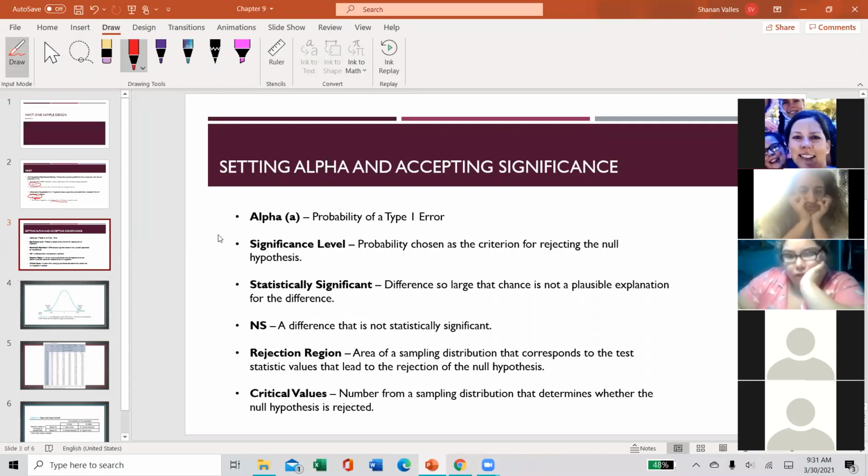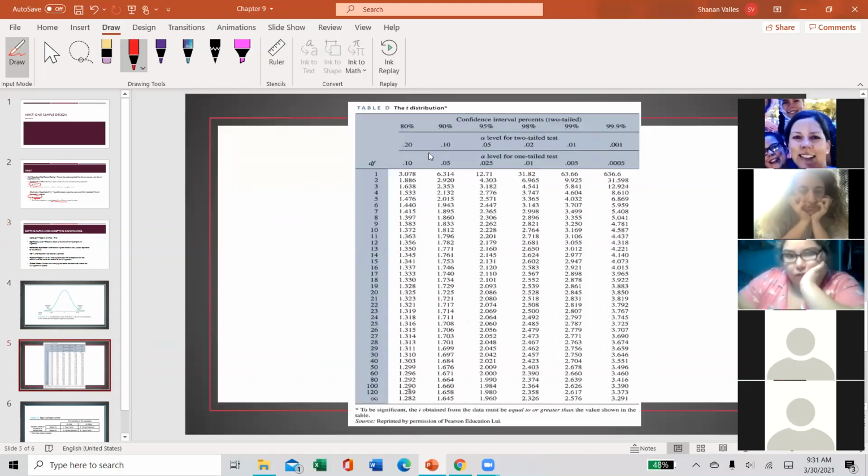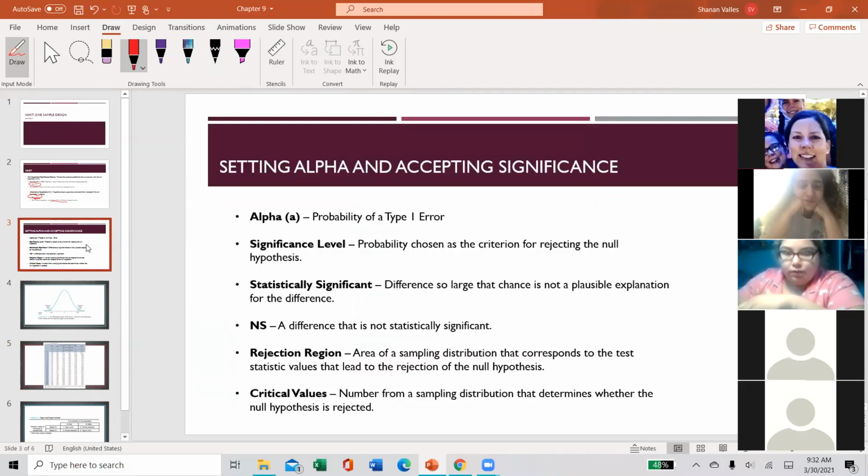So what we do in social sciences is pick an alpha of 0.05. That's going to be our criterion for rejecting the null hypothesis. Remember, we not only want to say I'm right, but we also want to reject the null. We want to reject the null.